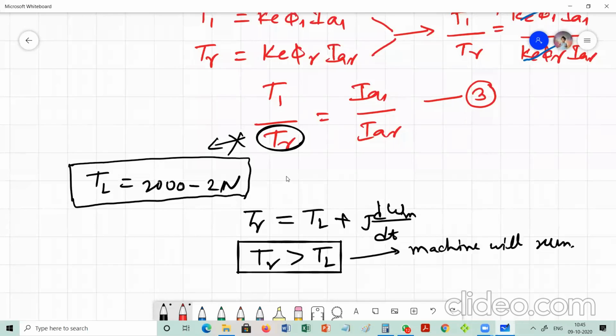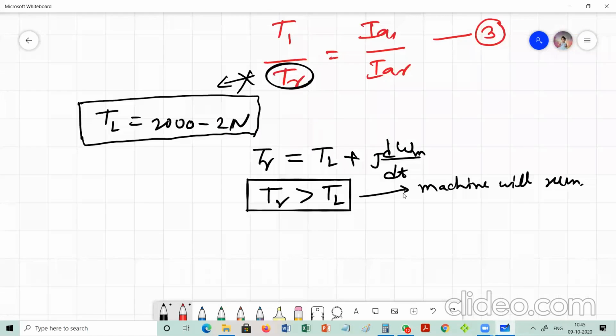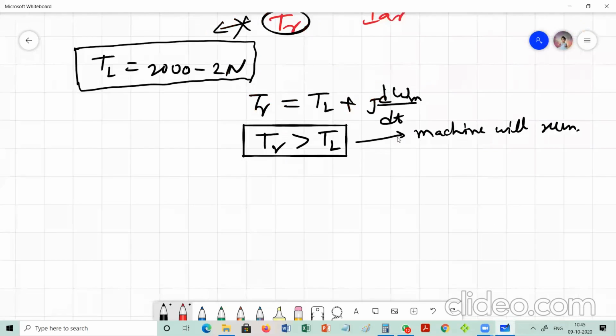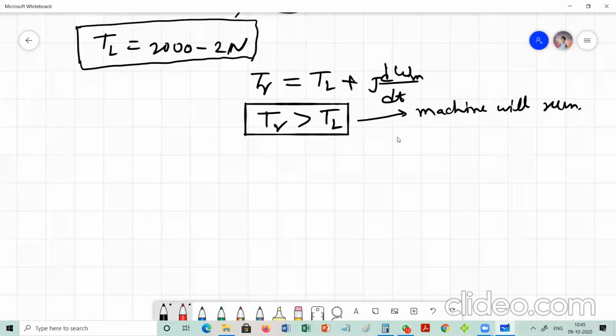So we can't use this equation TL is equal to 2000 minus 2n to calculate TR. So I will write the equation of TR once again. TR is equal to KE phi R into IAR.